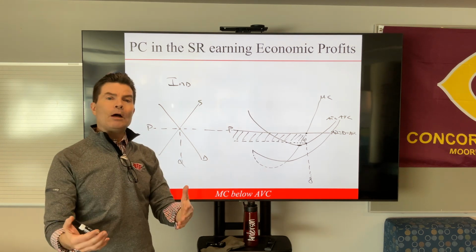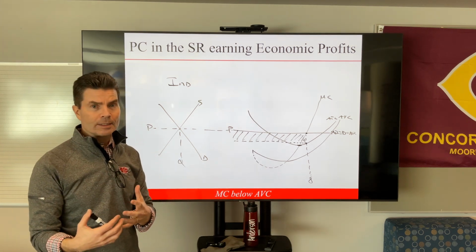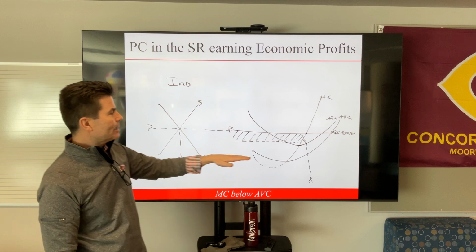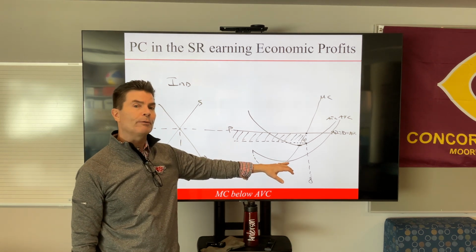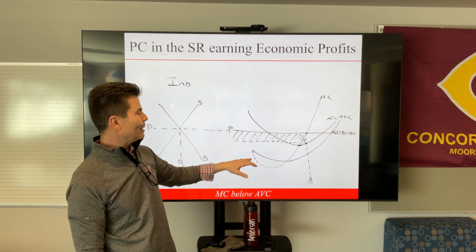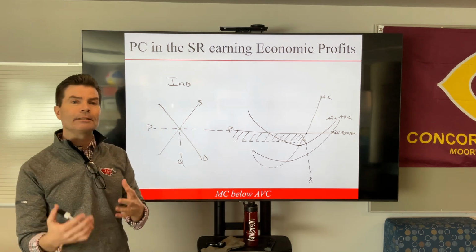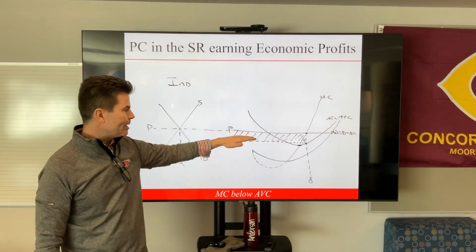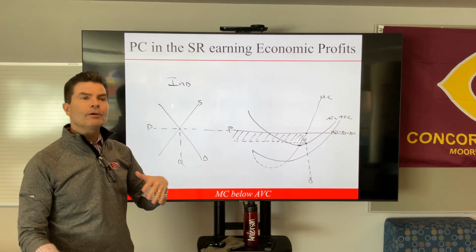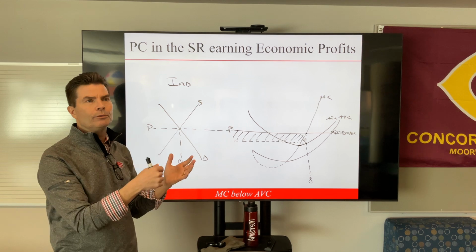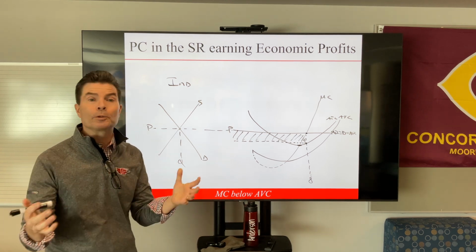And if you shut down, you don't have any marginal cost. That's why when it's below this point right here, it becomes a dotted line, because it signifies that if the price were to fall below the minimum of this AVC, you wouldn't be producing anything.